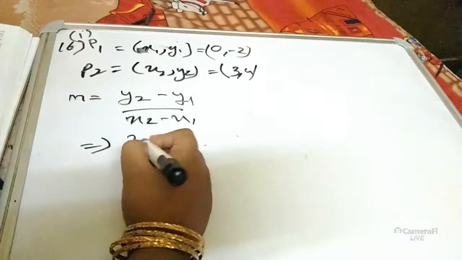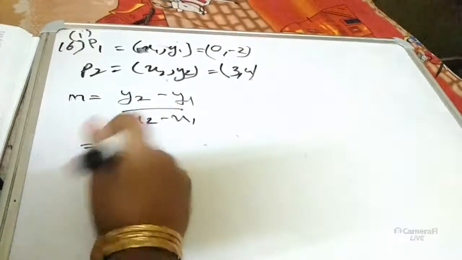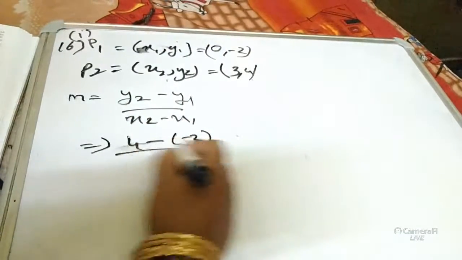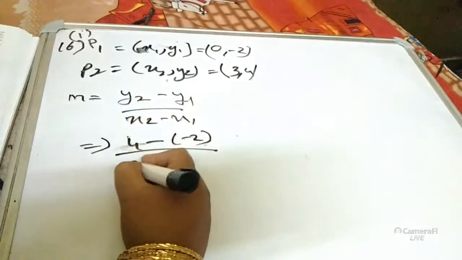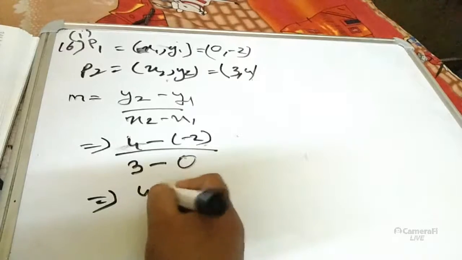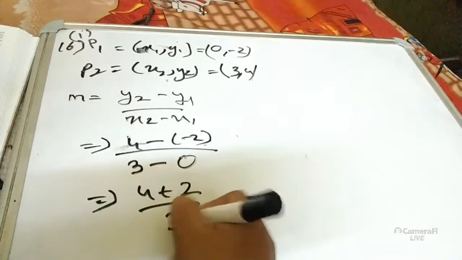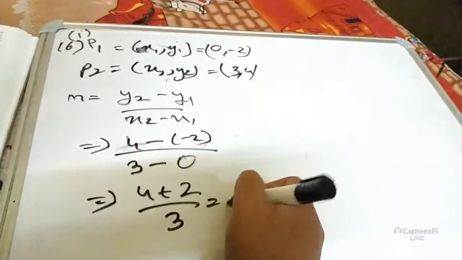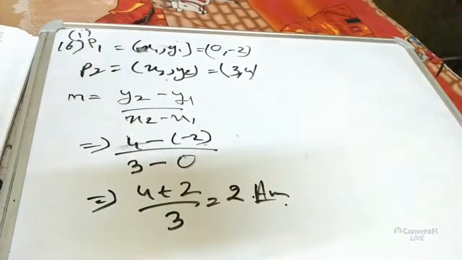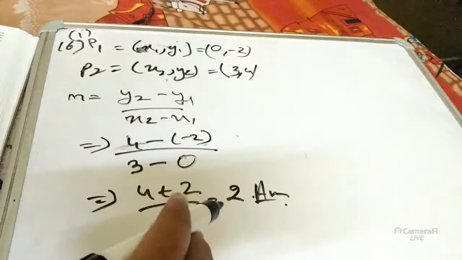So y2 over here is 4 and y1 is -2, divided by x2 which is 3 and x1 which is 0. So 4 plus 2 divided by 3, we get 6 divided by 3, which is 2. So the answer of this subpart 1 is that the slope of the line is 2.